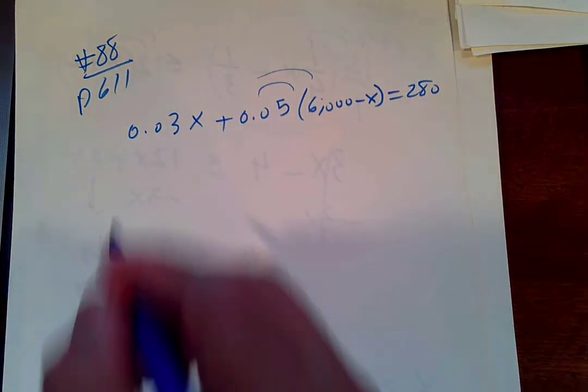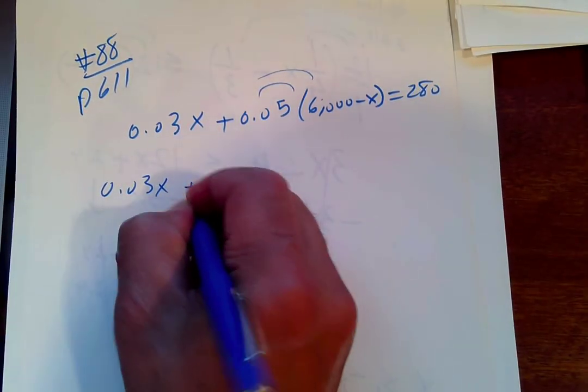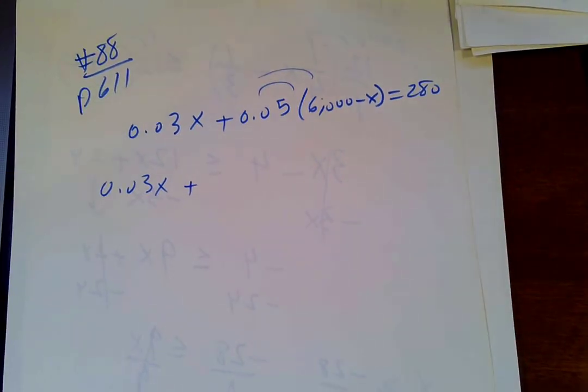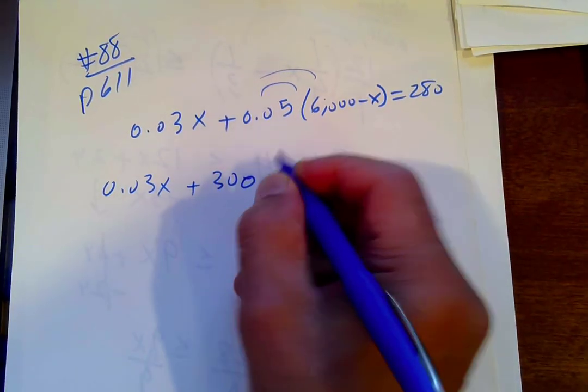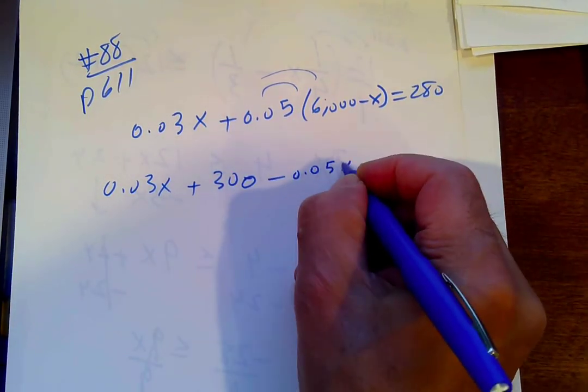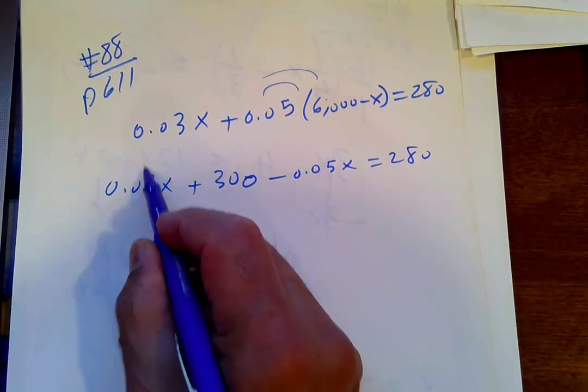So we're going to distribute: 0.03x plus, if we reach for our calculators, 0.05 times 6000. Let's all do that. It's 300 minus 0.05x equals 280.